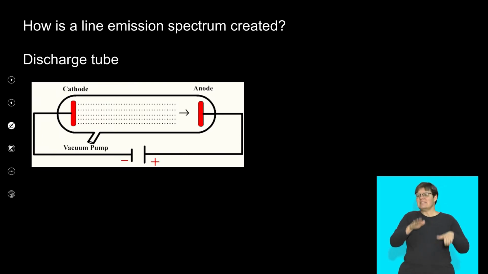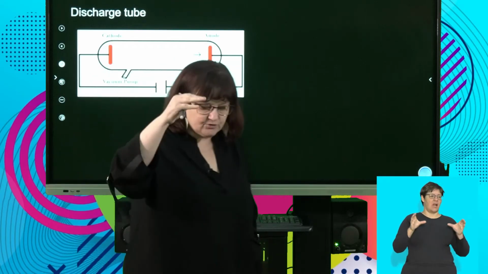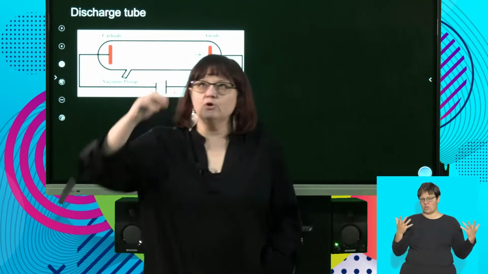This is very similar to neon lights, okay? So if you've got lights in your classroom, probably not at home because we use a lot of LEDs now, but those lights that have got long tubes, those are discharge tubes.